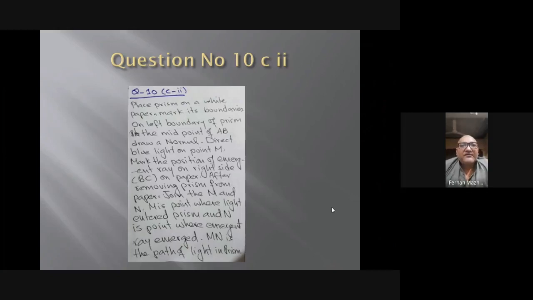After removing the prism from the paper, join M and N. M is the point where light entered the prism, and N is the point where the emergent ray emerged. MN is the path of the light in the prism. So hopefully this will help you a little bit, and you can also write a better answer.